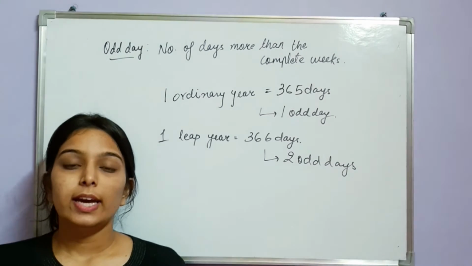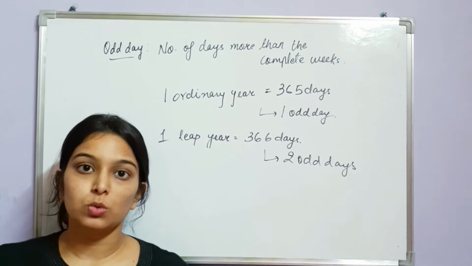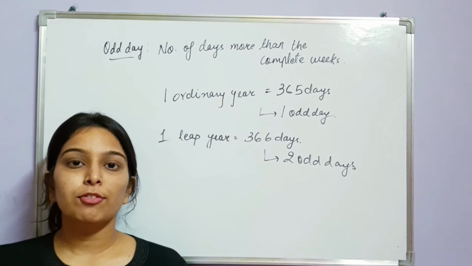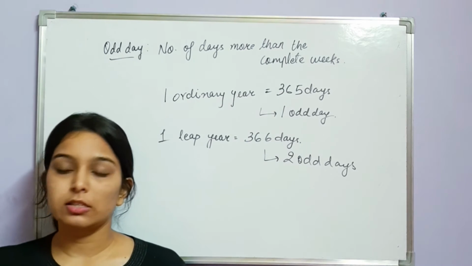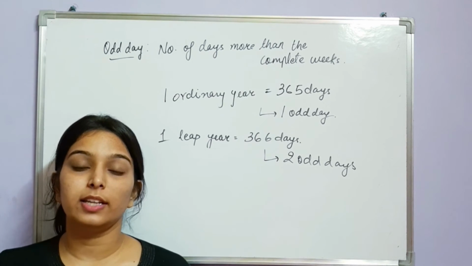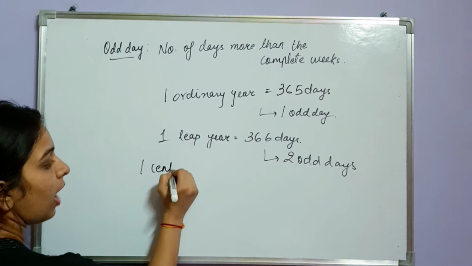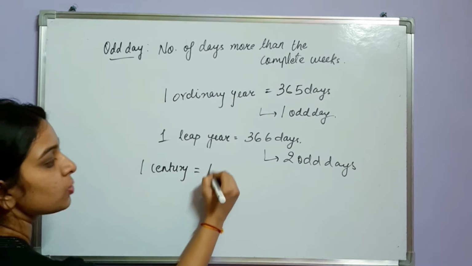So now, in a similar manner, we can find out the number of odd days in any given number of years. For example, if we are asked how many odd days are there in a century. A century comprises how many years? 100 years.